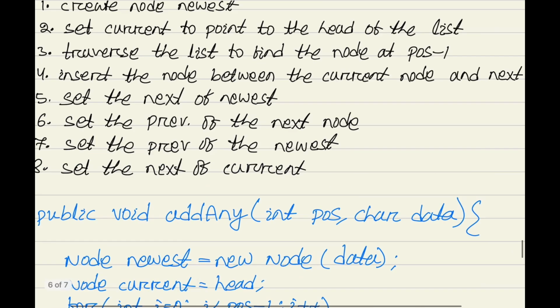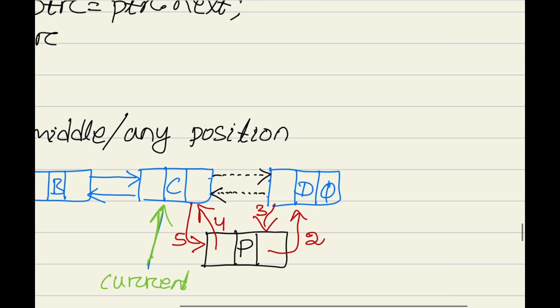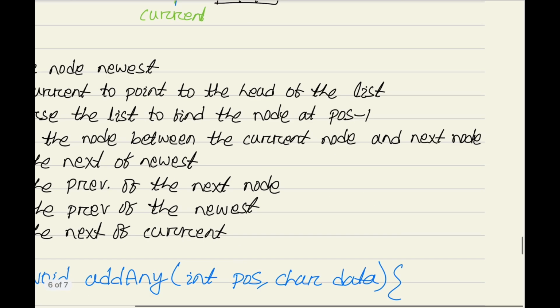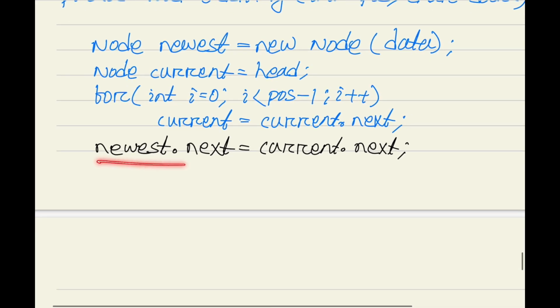Current dot next means this node D, because if this is the current, its next is D. So newest dot next is going to refer to current dot next. Current dot next is D initially. So that thing we have written: newest dot next equal to current dot next.